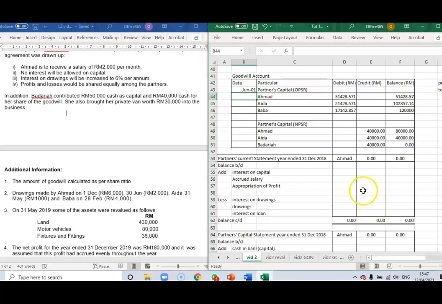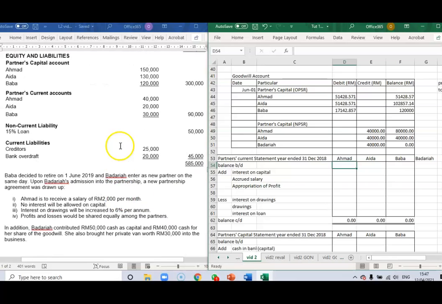So partners current account. You have another one. It's Badaria, right? So you have Ahmad, Aida, and you have Baba, and you have another one, Badaria. Okay, balance of current statement.